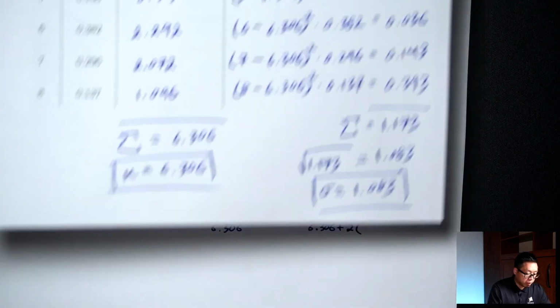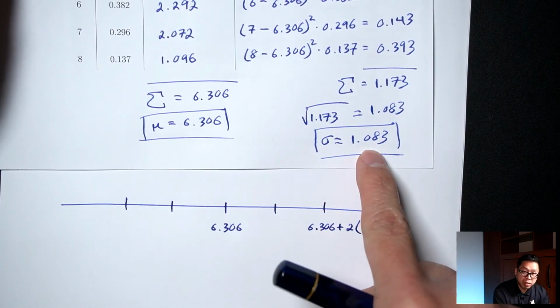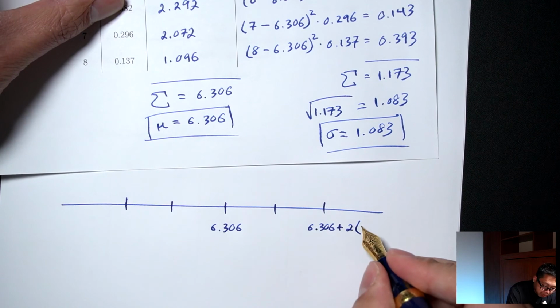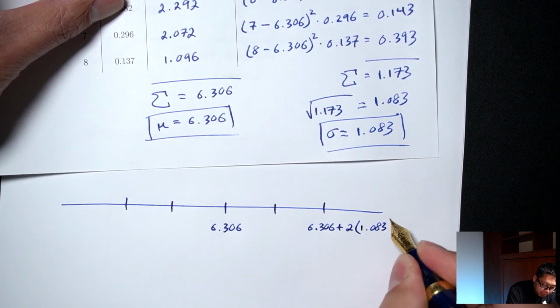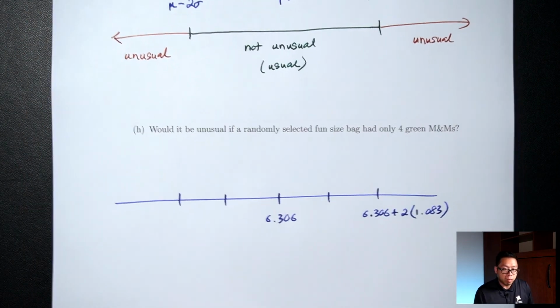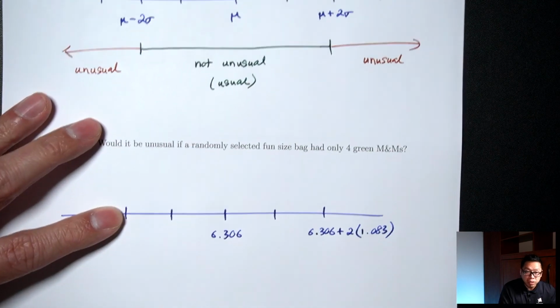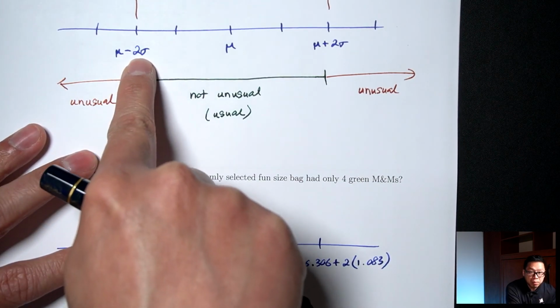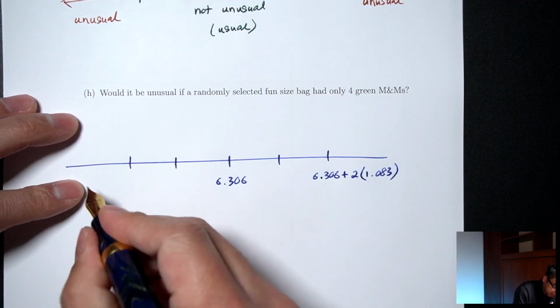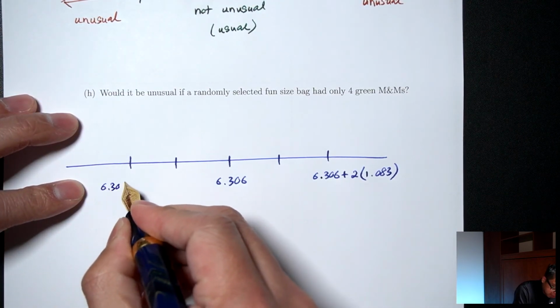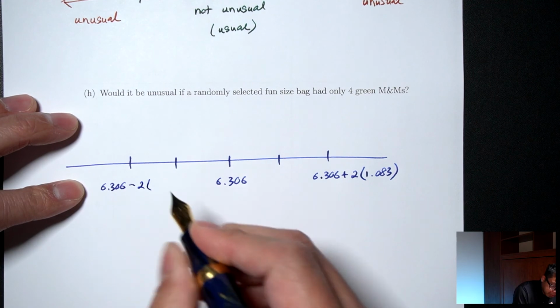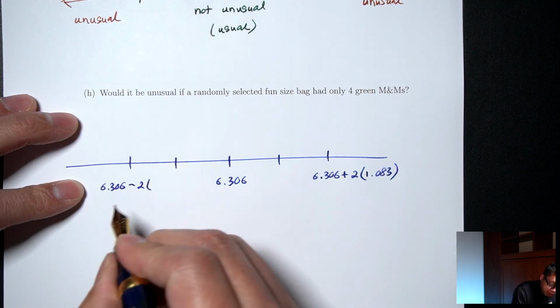The standard deviation from the previous page was 1.083. Okay, we'll find out later on the calculator. And then I need the 2 down number, which is going to be the mean minus 2 times the standard deviation. And our standard deviation was 1.083.